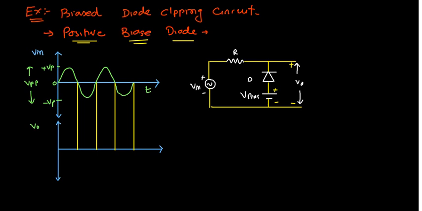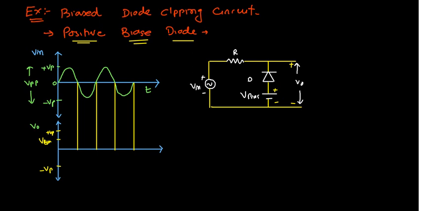So over this side I can take V bias. This is plus Vp, and over here minus Vp. Now this V bias is some positive value, but it is lesser than plus Vp. That I have considered in this example.